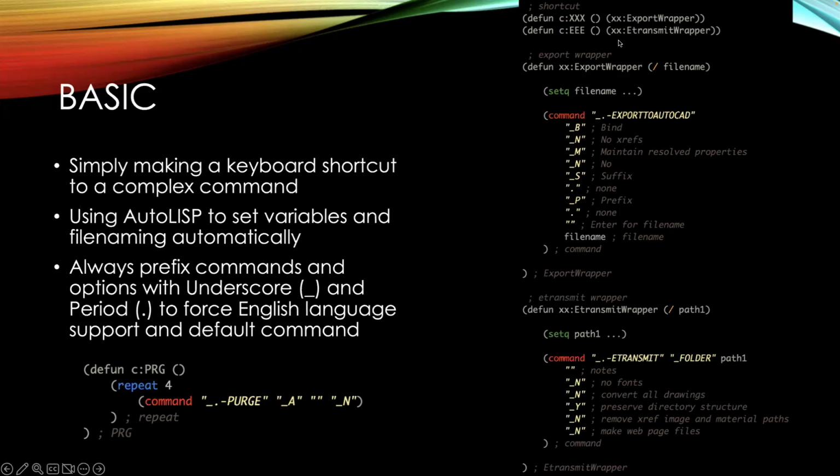That way, it just helps to prevent any name collision. Because if I didn't do the XX prefix, it's possible that there could have been some other AutoLISP code that defined the function export wrapper. And so just to avoid redefining someone else's function, you want to make sure it has a unique name. And so that convention in our industry is that little prefix.